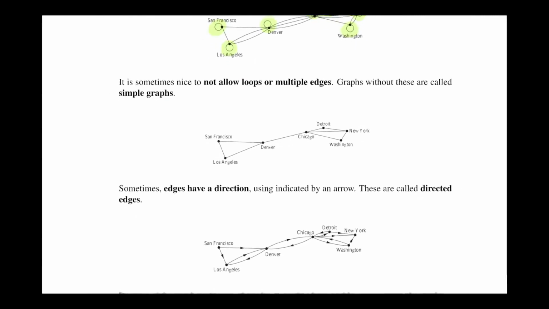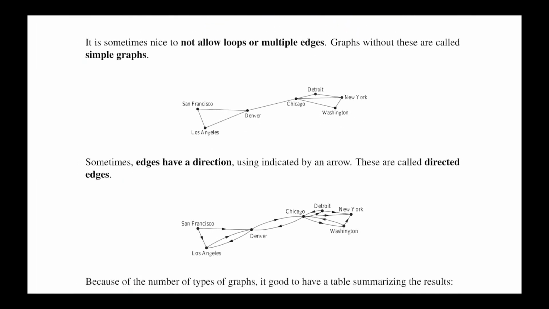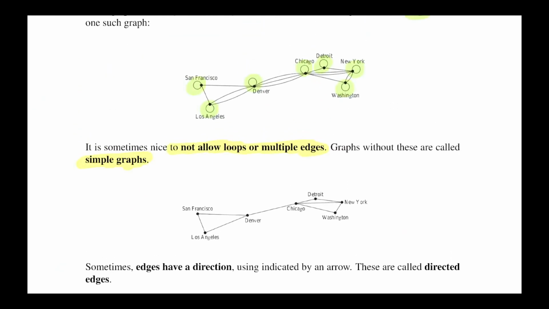All right, now we want to get down here and look at this. We're just, again, taking care of the terminology here. If you don't allow loops or multiple edges, that is called a simple graph. So the one up here is not simple because it has loops. This one is simple because it does not have loops and also does not have multiple edges.